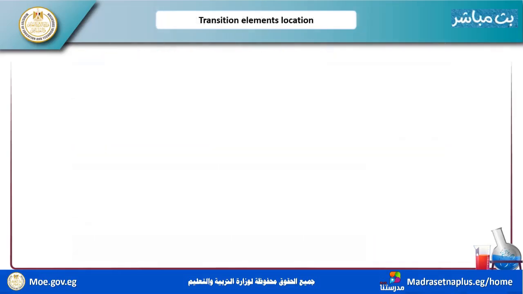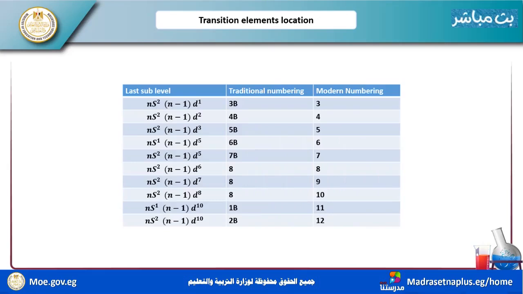We have the transition element location, which is the middle of the periodic table. We have ns2 (n minus 1)d1, 2 plus 1 is 3B, not 3A, 3B, or number 3. ns2 (n minus 1)d2 is number 4, then 5, then 6, then 7, and (n minus 1)d6.